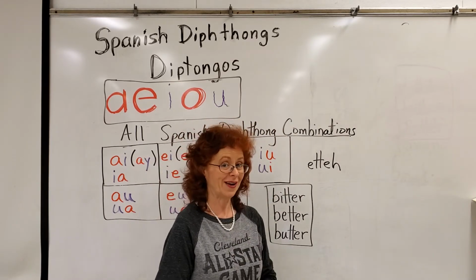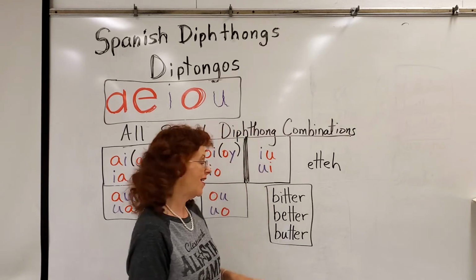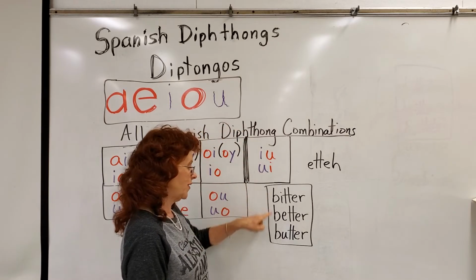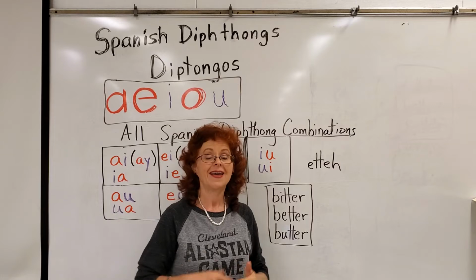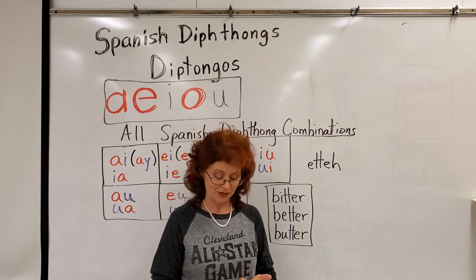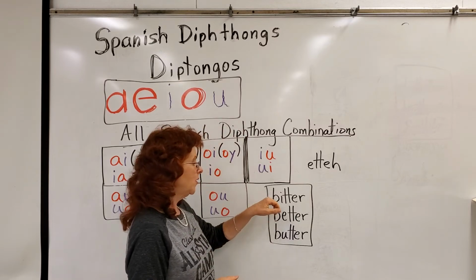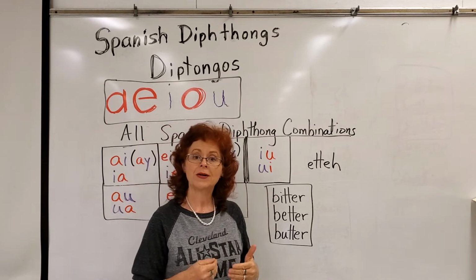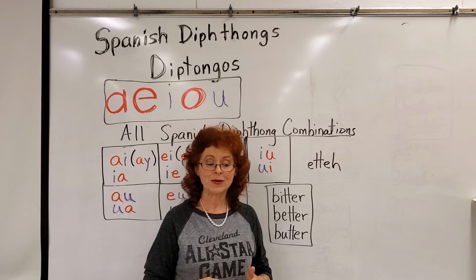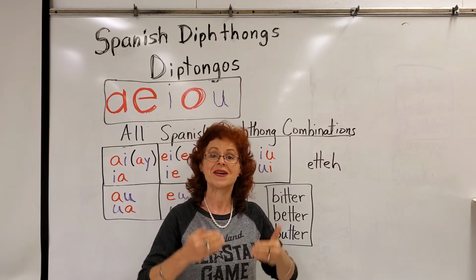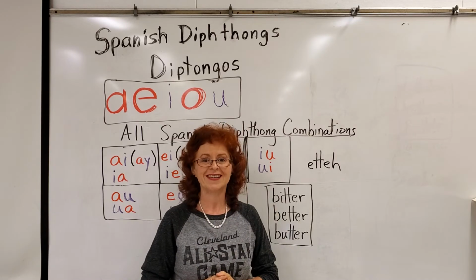Here's what she taught us. You say these three English words, you start slowly, and then you build up speed gradually, and then you practice the trill. It would be like this: bitter, better, butter, bitter, better, butter, bitter, better, butter. That's how she said to practice it.